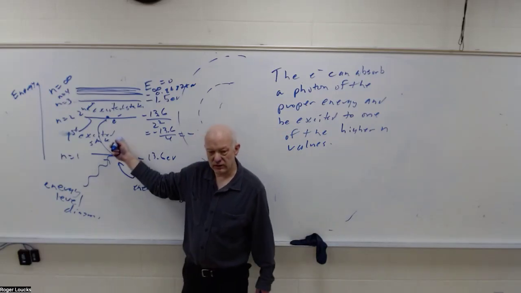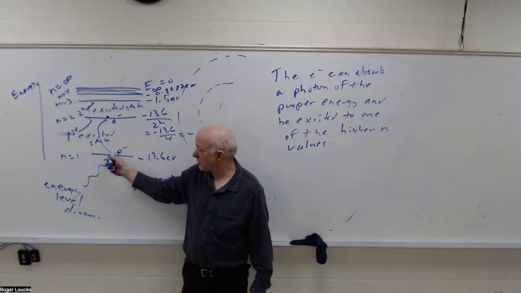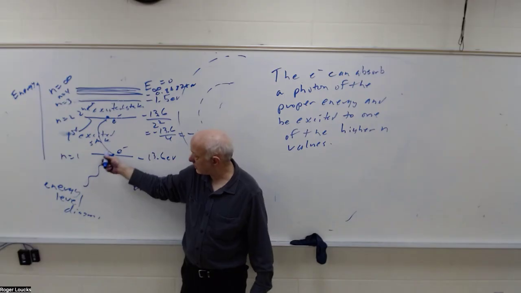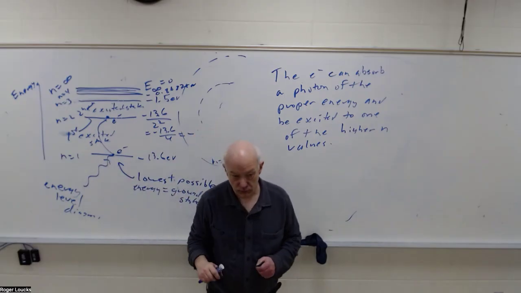And the electron gets excited to here. Here doesn't exist. All right. So you have to have basically enough energy to go from here to here, from here to here, from here to here, from here to here. The photon coming in here has to have a very specific energy.